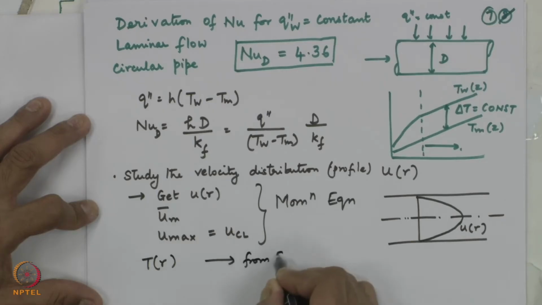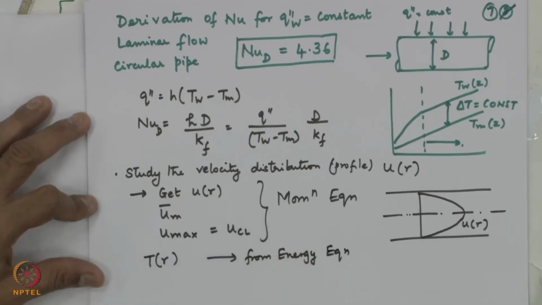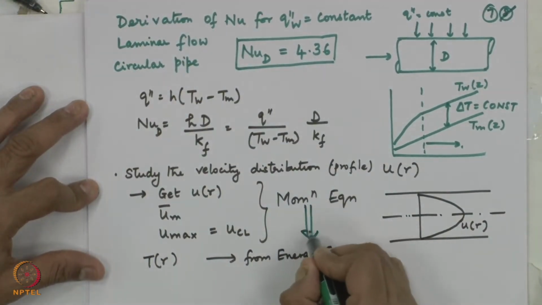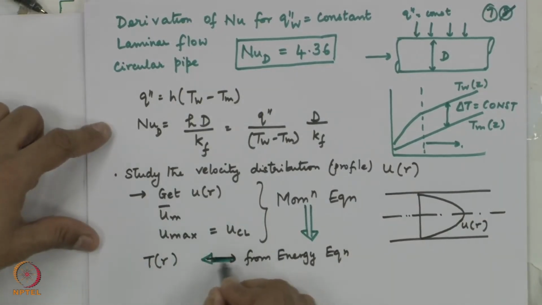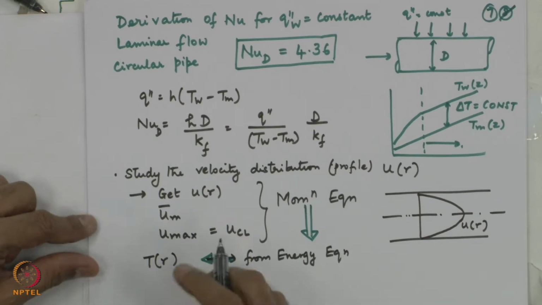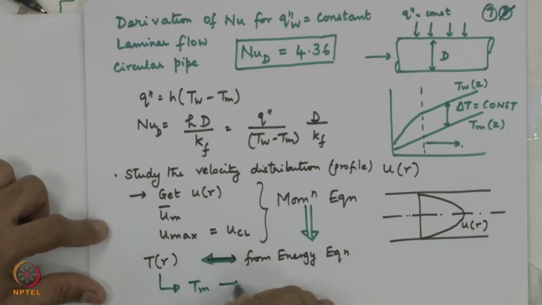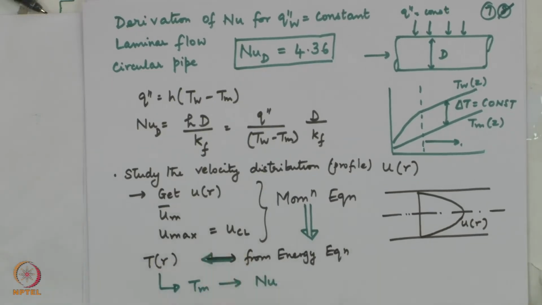Remember, when we go to the energy equation, we have the velocity distribution which is going to be fed in, so there is a strong coupling between this information and the resulting temperature profile. From the temperature distribution, you get the T bulk mean. From this, you get your Nusselt number. So, this is the logical path which we are going to take.